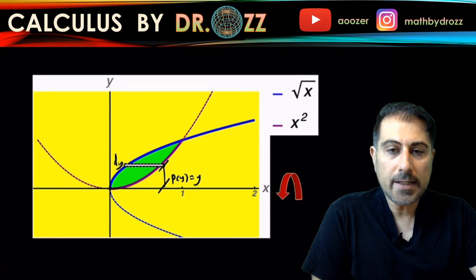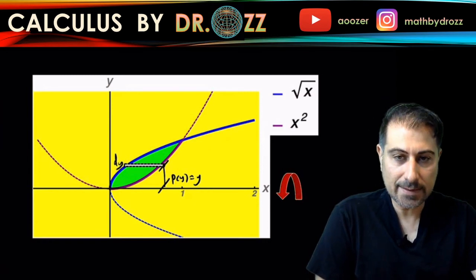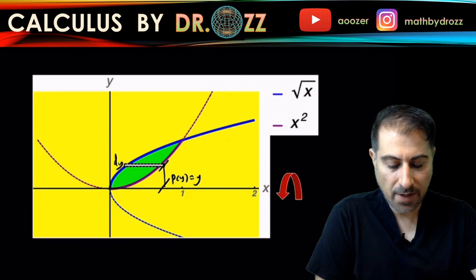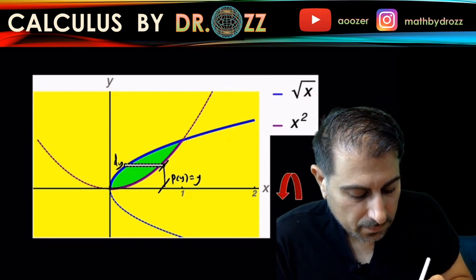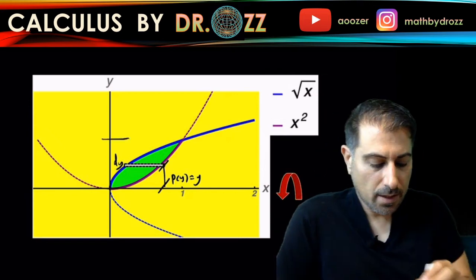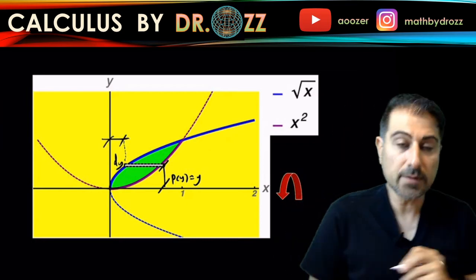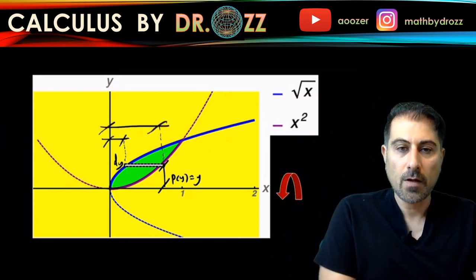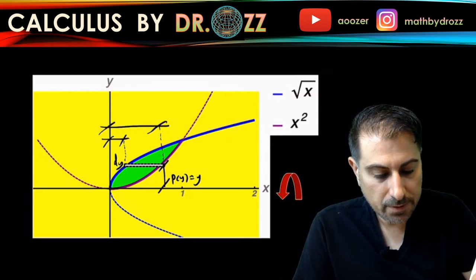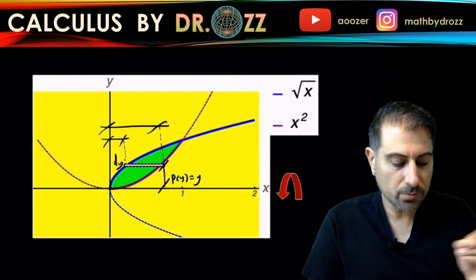So all I need right now is the height of the slice. To find that, I need this distance here, and I also need this distance here. Let's see how we can find it. This is, by the way, y equals radical x, and this is y equals x squared.